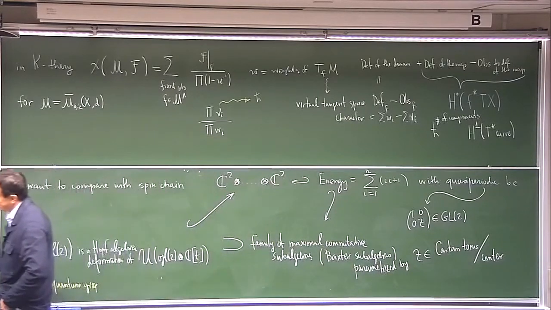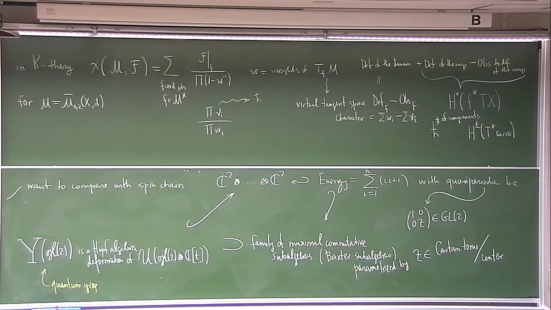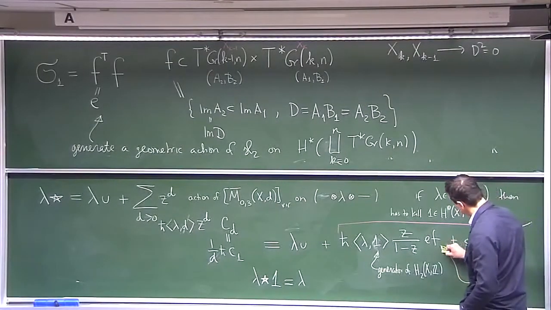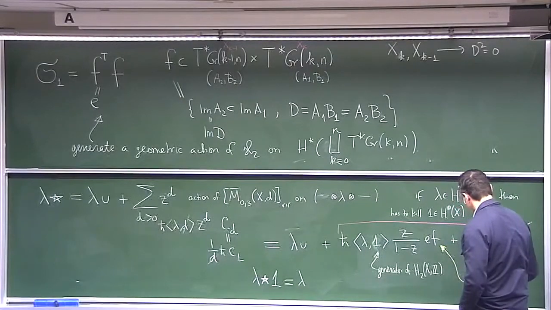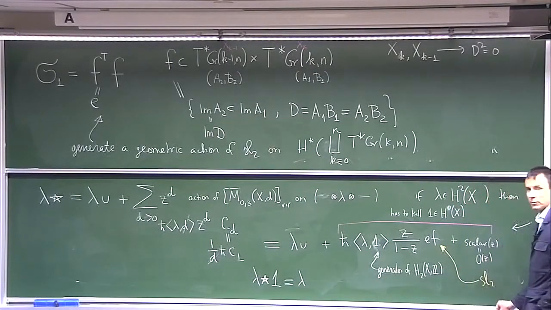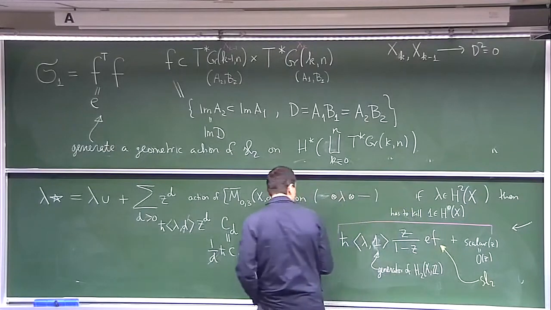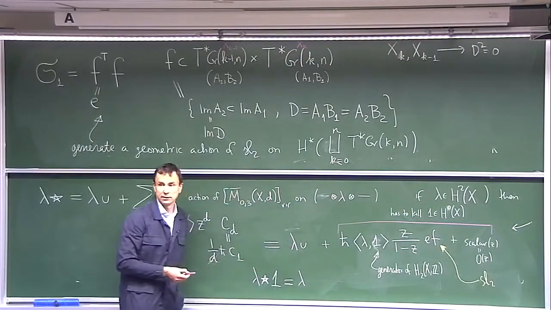And another fundamental Kyoto discovery is on this side. If I now look at all the ingredients in this formula, I have this part, E and F, which corresponds to SL2. But in this formula, I have not only the quantum part, I have also the purely classical part, this operator here.